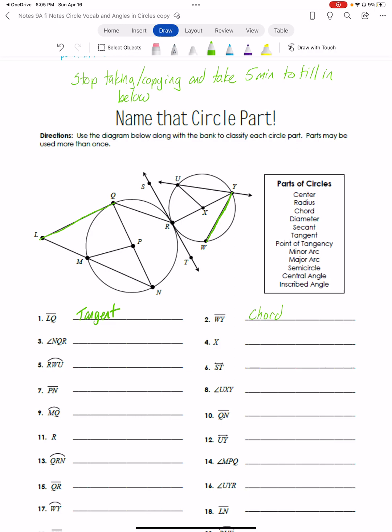Angle NQR, if the vertex is on the circle like it is here, then that's going to be an inscribed angle.